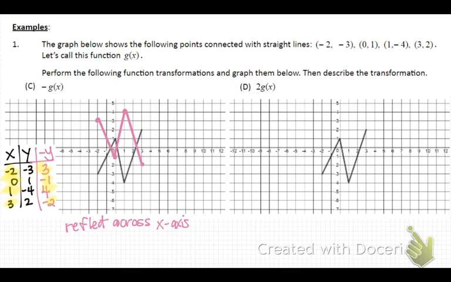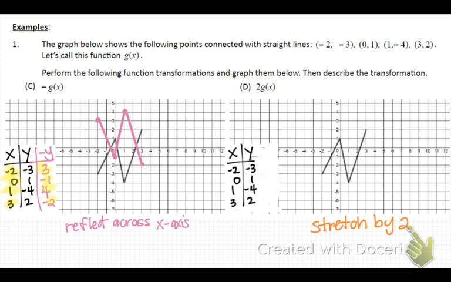Finally, on D, what is that transformation? What does that 2 in front tell me? Stretch by how much? By 2. So I'm going to multiply all of my y values by that.